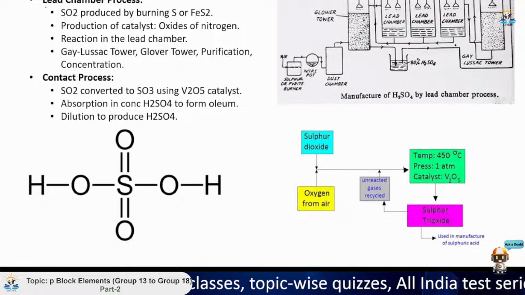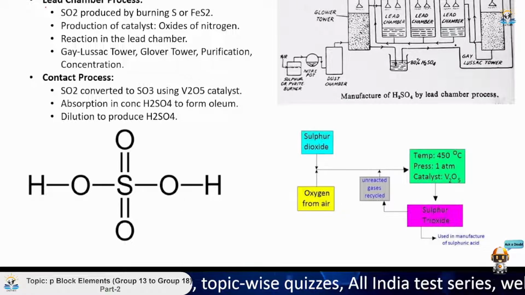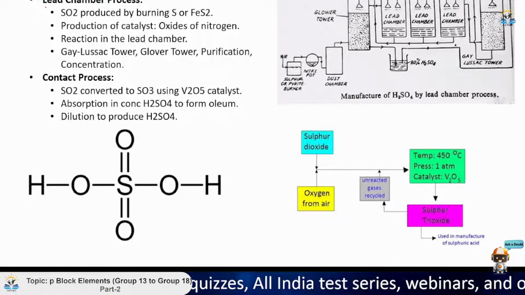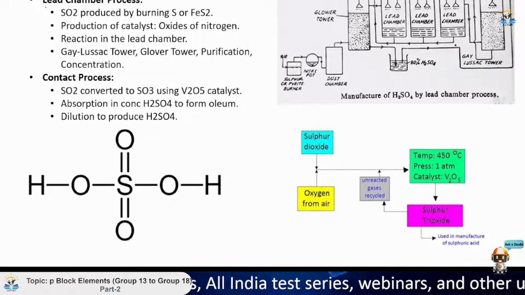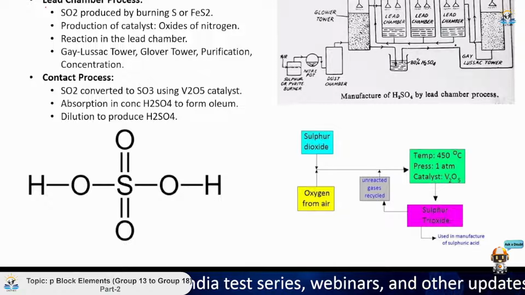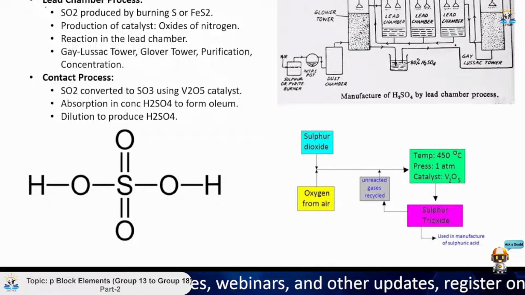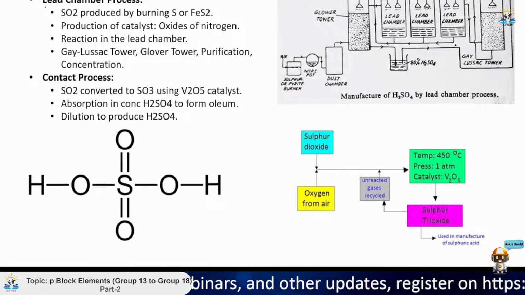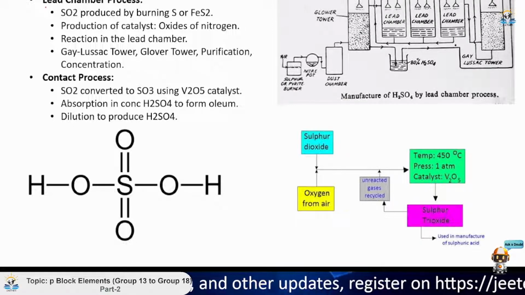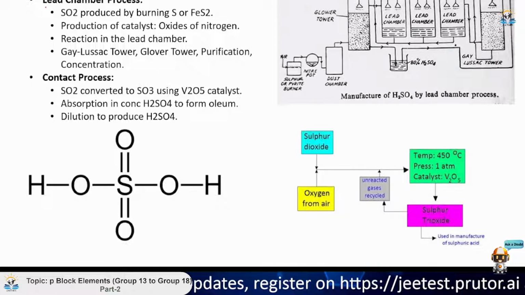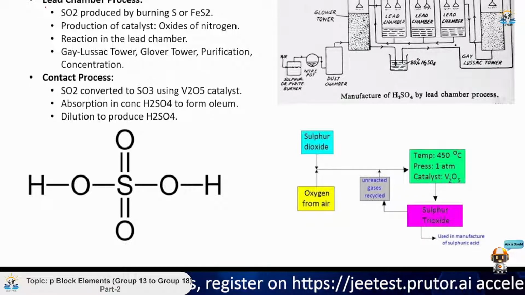When sulfur dioxide and oxygen come together, they form SO3. Now this SO3 is passed into another chamber, and in that chamber we form oleum.